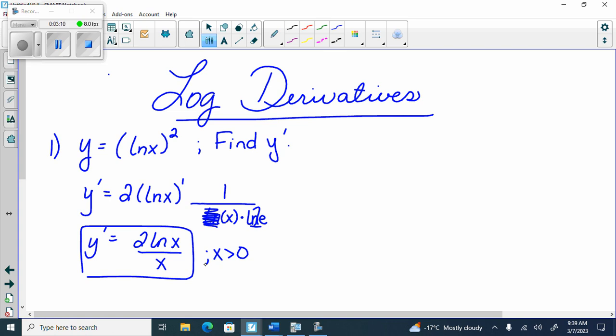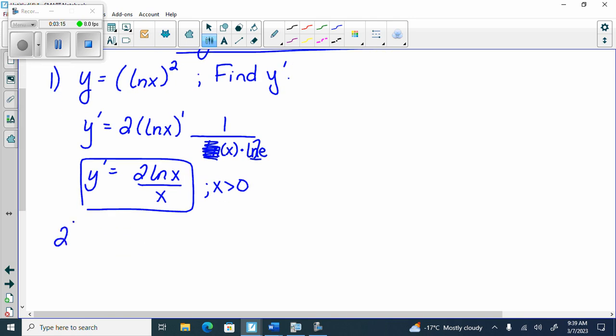All right. Then we have 2. y equals 1/2 log x.